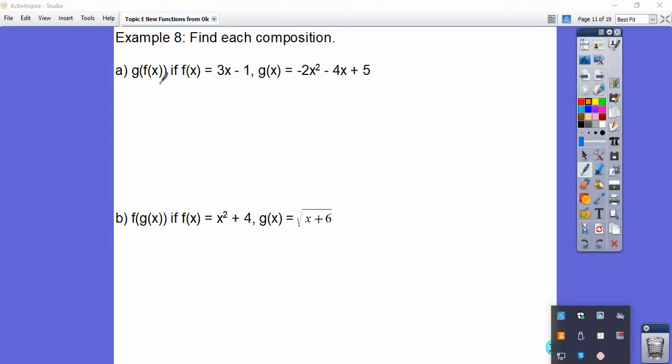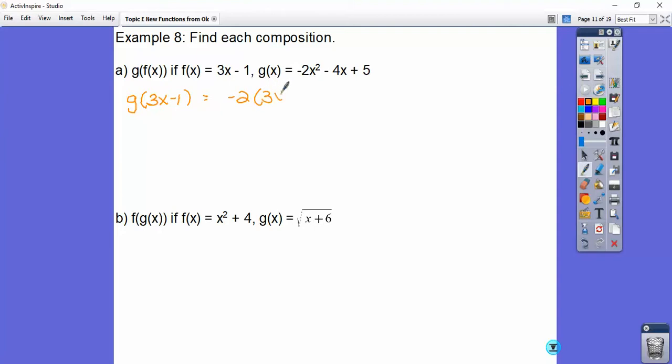So G composed with f. So your f is 3x minus 1. You have to put that into G. Every x gets replaced with that. So when I say to square 3x minus 1, what do we have to do?